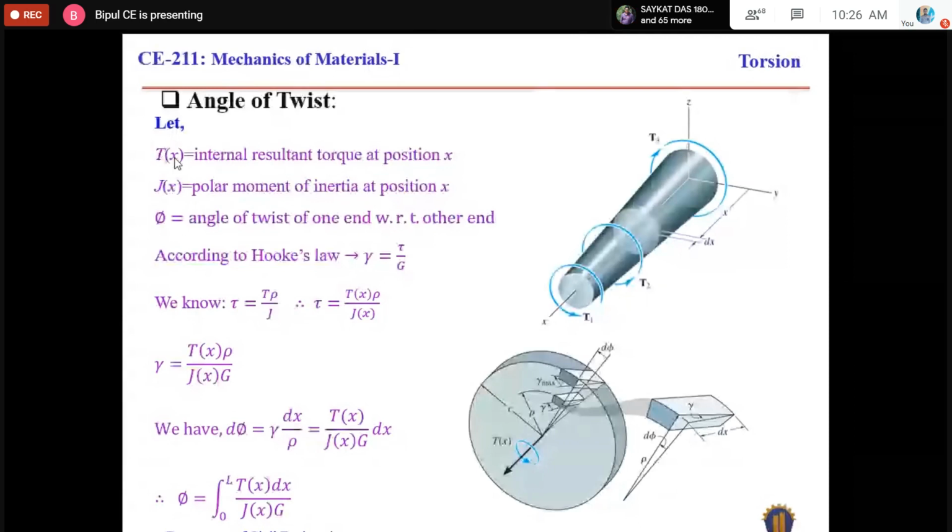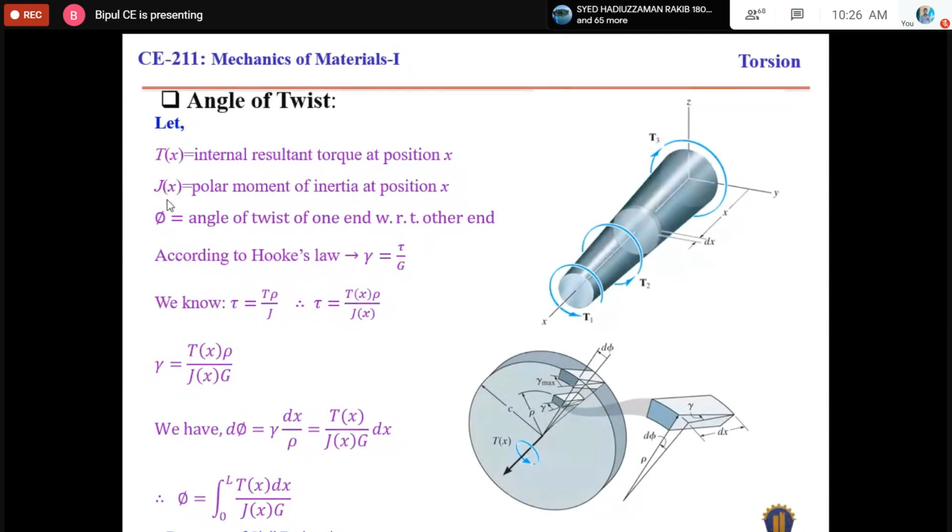J(x) is the polar moment of inertia; as the section varies from the support to the end, the polar moment of inertia will not be constant along the length, so it also depends on the location of the section from the support.